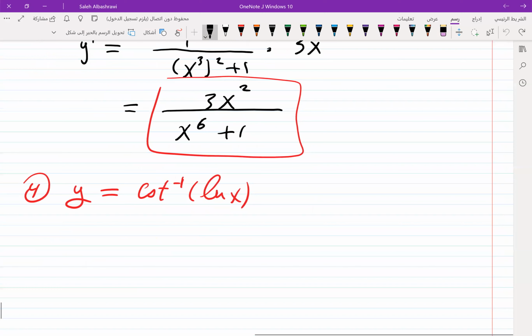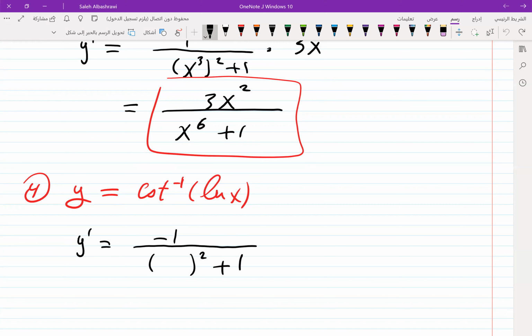Now the derivative for this one, y prime, is minus 1 divided by 1 plus the angle square, and the angle in this case is ln x, multiplied by the derivative of this angle, which is ln of x, and we know the derivative is 1 over x. So this is the derivative of this function, y prime equal to minus 1 divided by ln x all square plus 1 multiplied by 1 over x.